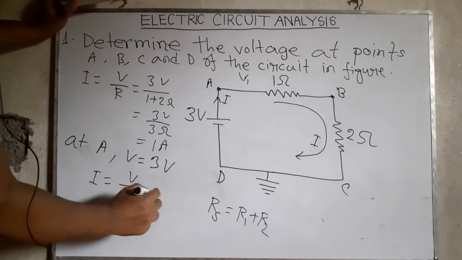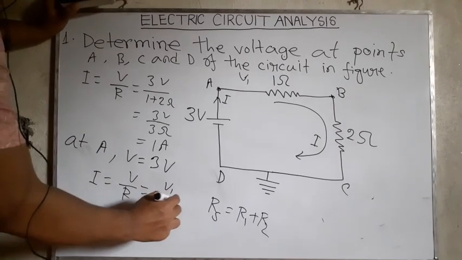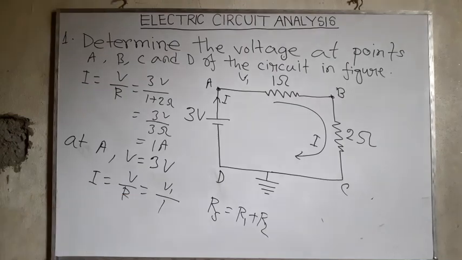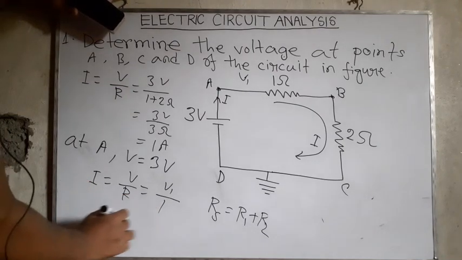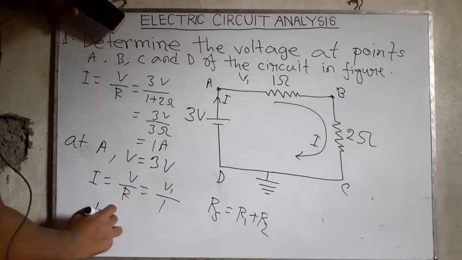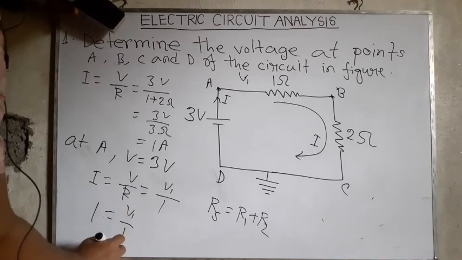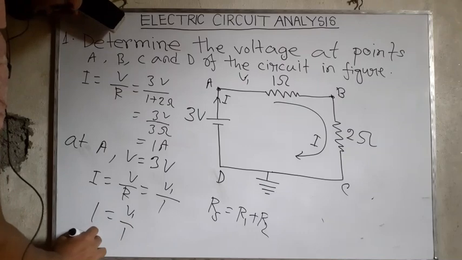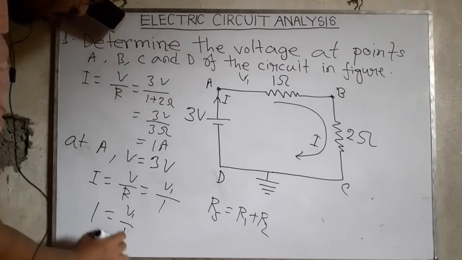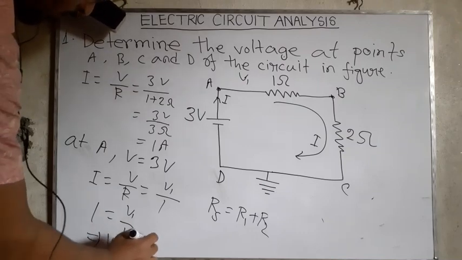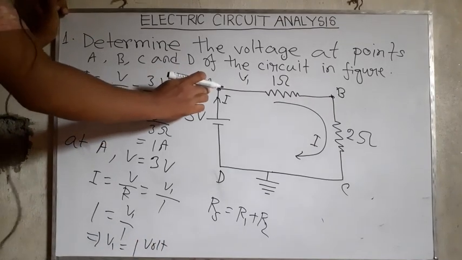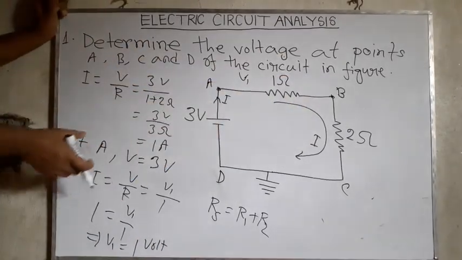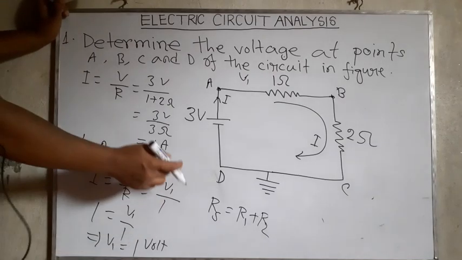Therefore, we can write V1 divided by 1. Here I is equal to 1 ampere, therefore 1 is equal to V1 divided by 1, that is V1 is equal to 1 into 1 volt. That is, the potential difference between point A and point B by this formula is 1 volt.